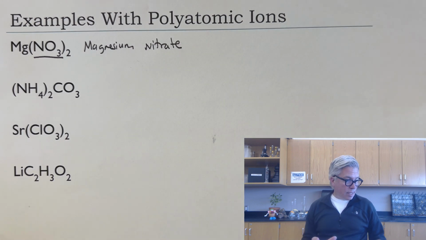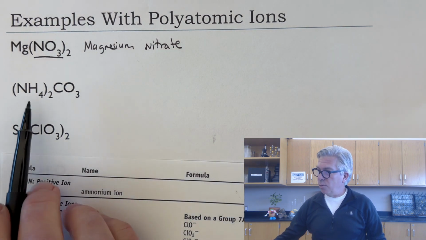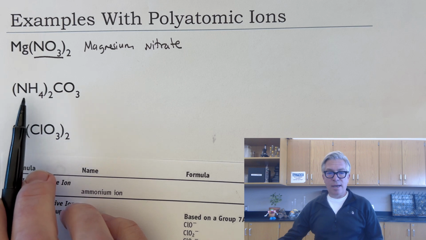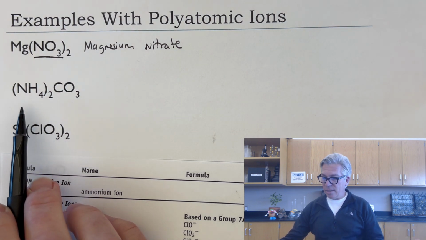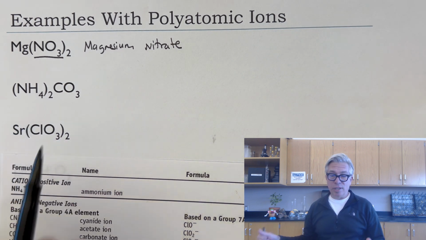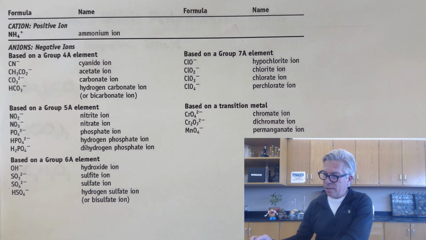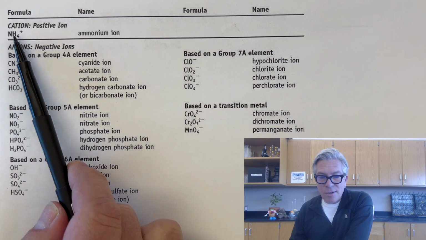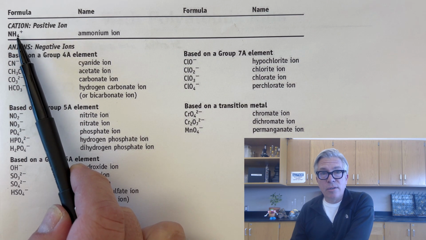I included the next one because it's pretty common and you're going to see it a lot. It's this NH4 group. You might look at that as a beginner and say, wait a minute, I don't see any metal in there. In fact, I don't even see NH4 anywhere on the periodic table. That's because NH4 is tricky. If you look at a polyatomic ions chart, it will likely have a little category for the positive polyatomic ions. There's usually only one listed.